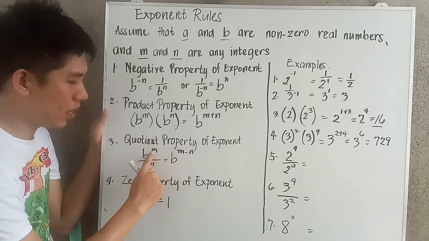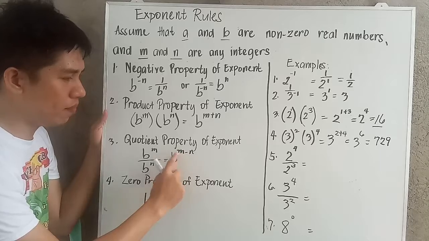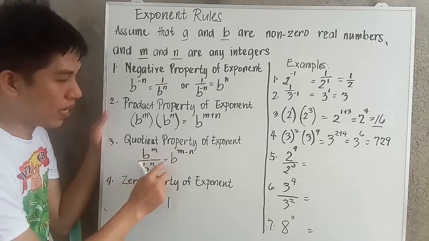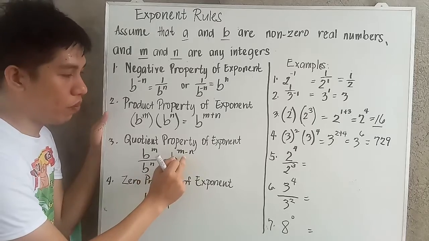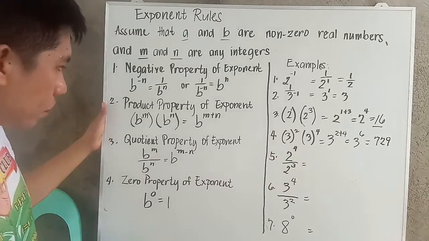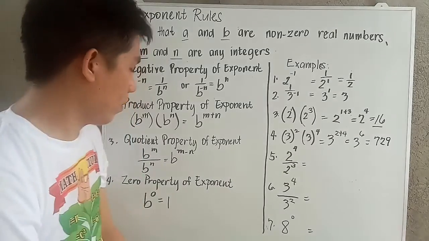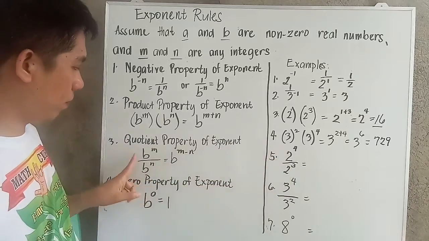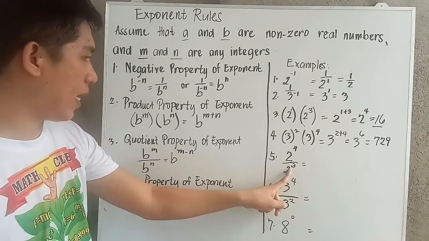So since our exponent above is m, then the exponent below is n, then the result would be b raised to the power of m minus n. That would be the quotient property of exponent.